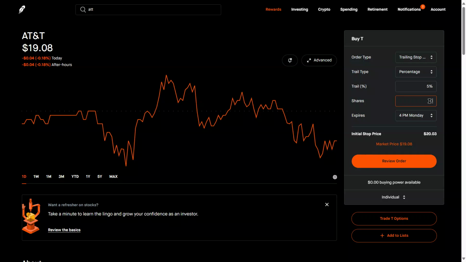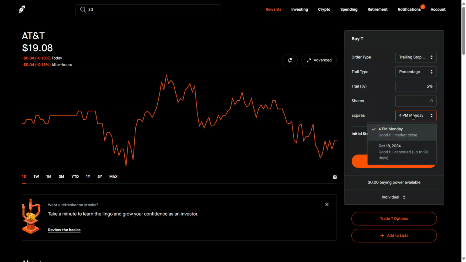And I can turn away from my computer at that point, I don't even have to look anymore, because if at any time that stock drops 15% from its highest point, it's going to automatically trigger my sale. That's going to lock my profits in. So this is another way to automate profit taking, right?